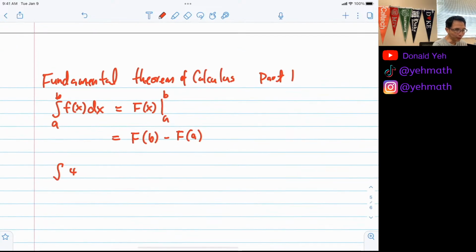Remember that integral of 4 dx? I don't know which value, but you can probably tell me this is 15, right? So this one's going to be 4x between 2 and 5.